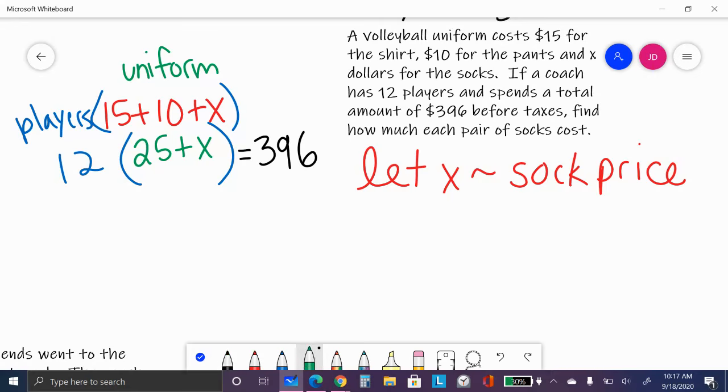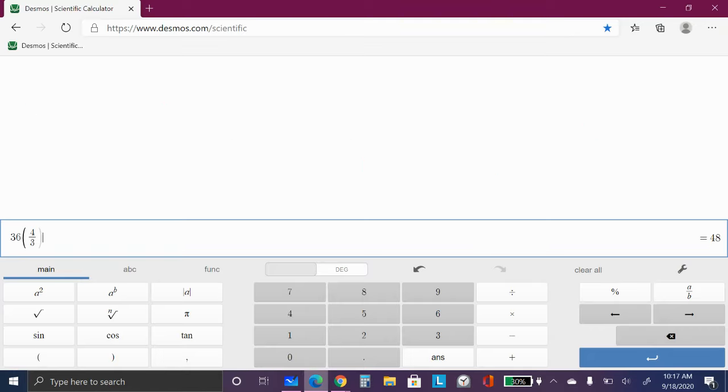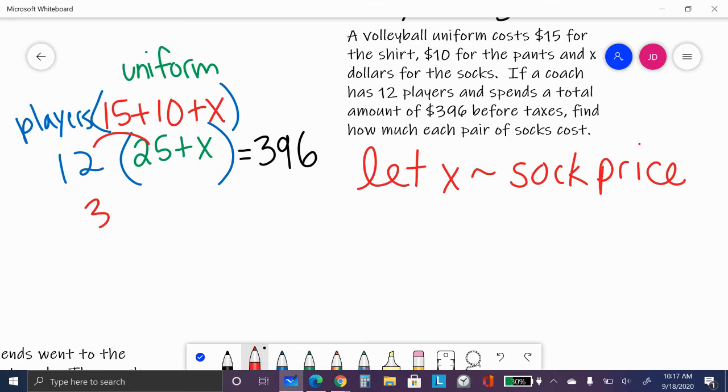And now I just distribute like I've done before. 12 times 25 is 300. 12 times x is 12x equals 396.